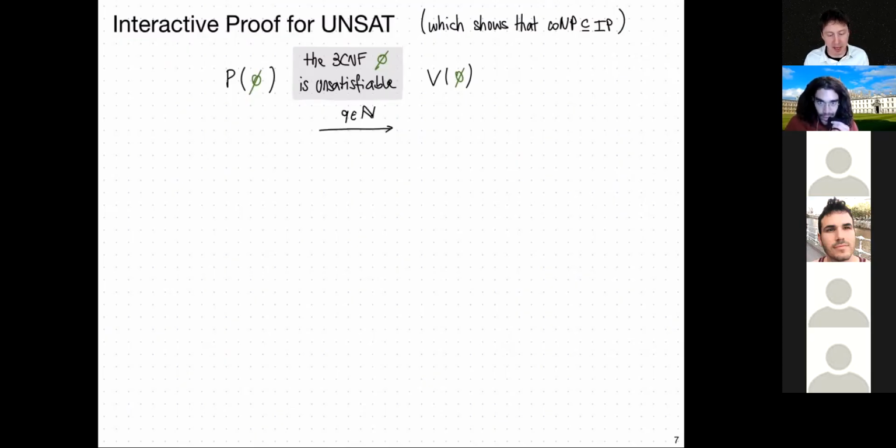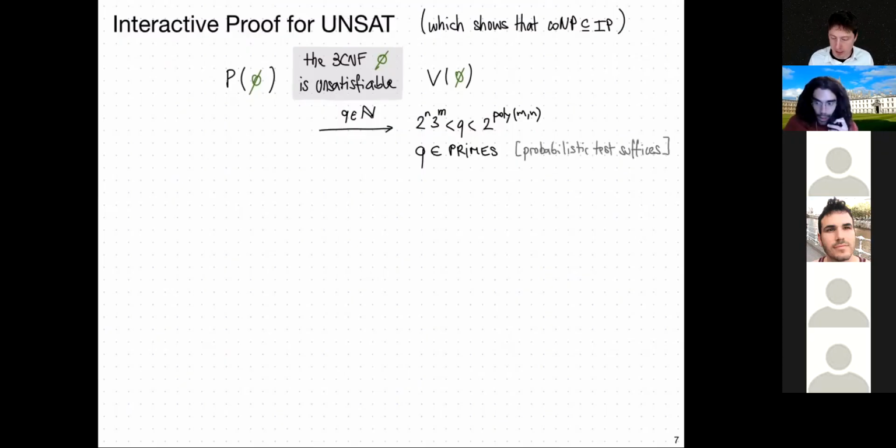The prover will send an integer to the verifier, and the verifier will check that it is large enough, but not too large, in the sense that it needs to be able to do arithmetic over the prime field defined by it. It will check that it is prime. It doesn't even have to do it deterministically; a high confidence randomized primality test is fine. This defines the field of Q.